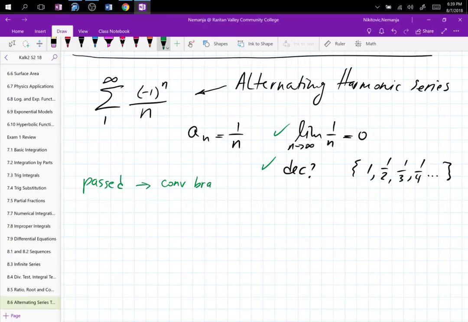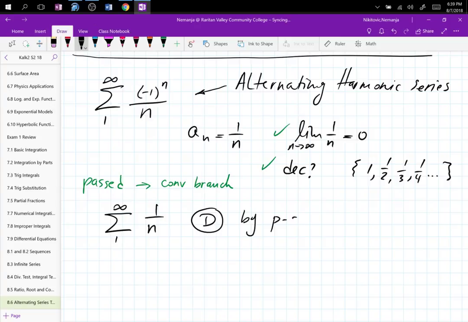And now once you're on a convergent branch, you have to check the summation of the same problem when you take out the (-1)^n. So you take out (-1)^n, you're left with the sum of 1 over n from n equals 1 to infinity. And you know that's divergent by the p-series, let's say.